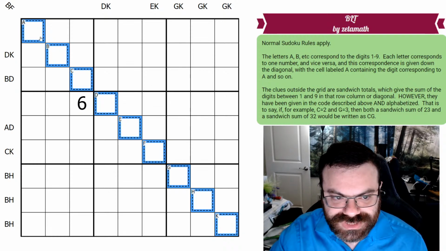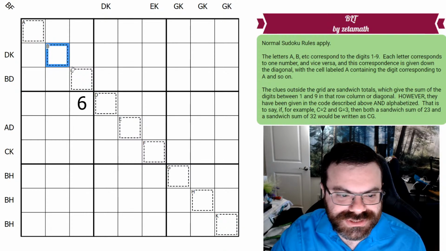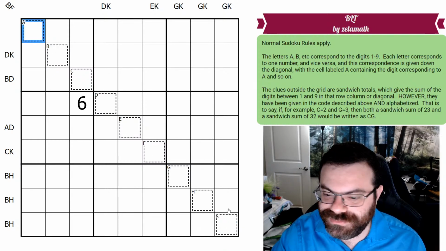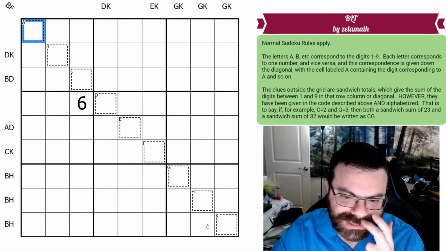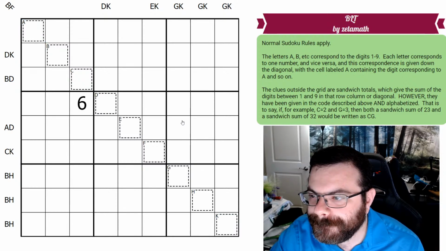And these will be handy because once we figure out what the letters mean, we can fill them into the board. So we have 9 letters for 9 numbers. So that means this diagonal actually has no repeats on it. And that's exactly what it just says in the next sentence.